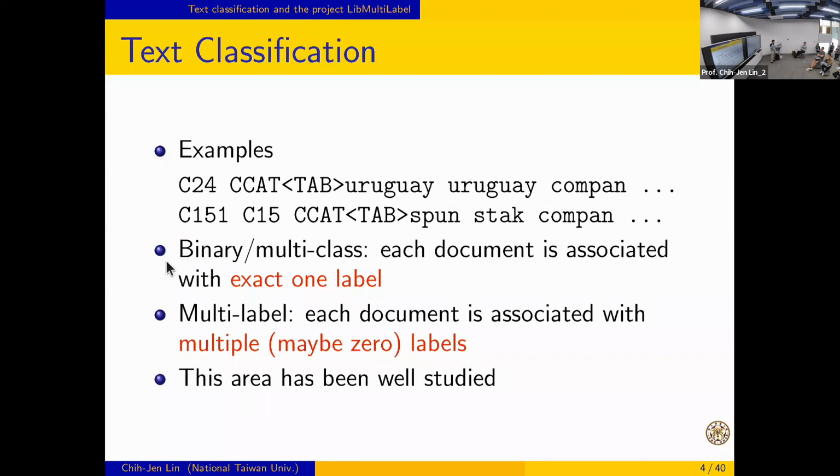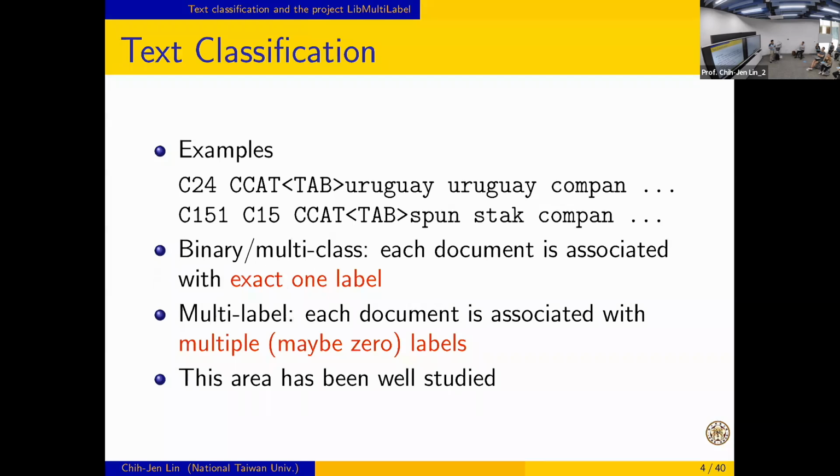And there are several types of document classification problems. Traditionally, we do binary or multi-class classification, which means each document is associated with one single label. If you do binary, that means 0 or 1.